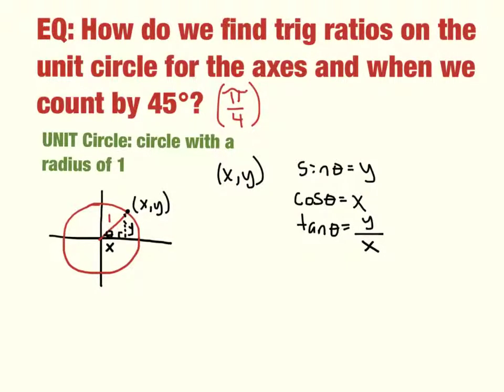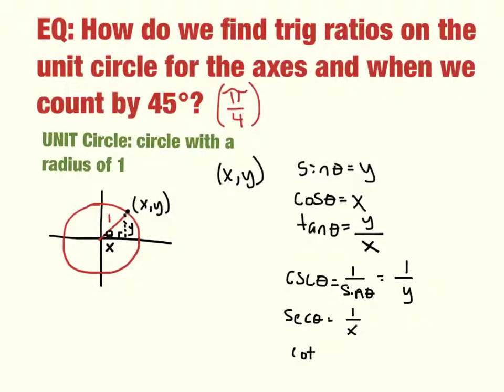If we keep going along with that, the cosecant of theta is 1 over sine theta, so that's just 1 over y. And the secant of theta, by the same thinking, would be 1 over the cosine, so this is 1 over x.